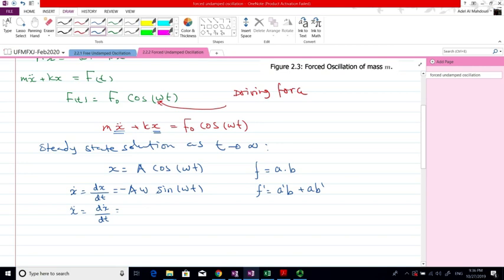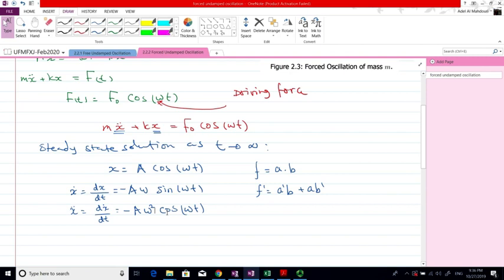Similarly, we have sine omega t, its derivative will be positive cosine omega t. Then we are left with minus A omega cosine omega t. The derivative of whatever is inside will be omega. Then we have omega multiplied by omega, which gives omega squared.